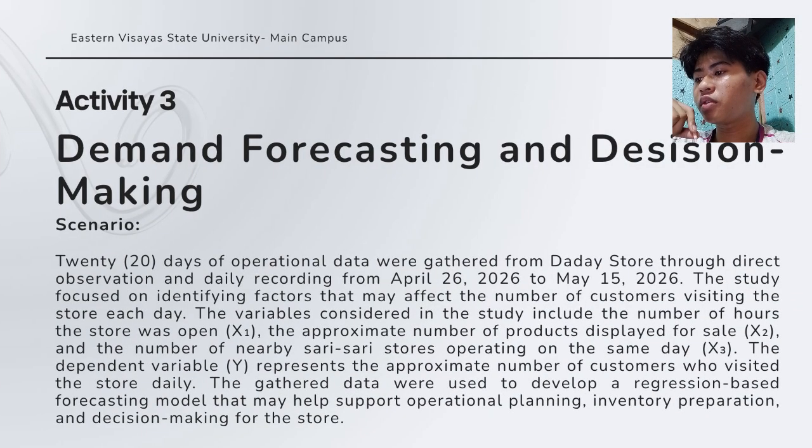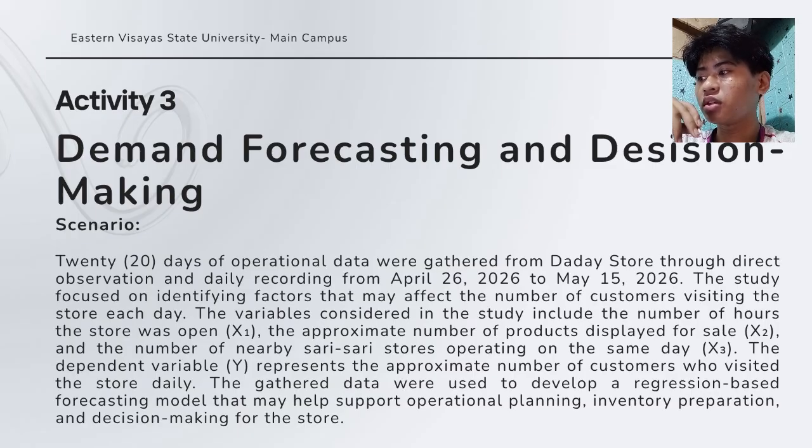For our scenario, 20 days of operational data were gathered from Dada store through direct observation and daily recording from April 26, 2026 to May 15, 2026. The study focused on identifying factors that may affect the number of customers visiting the store each day.